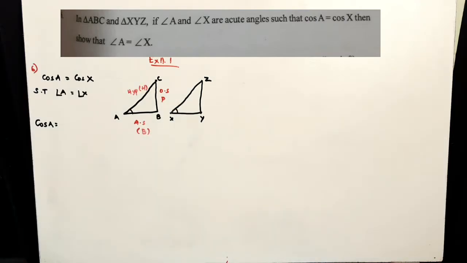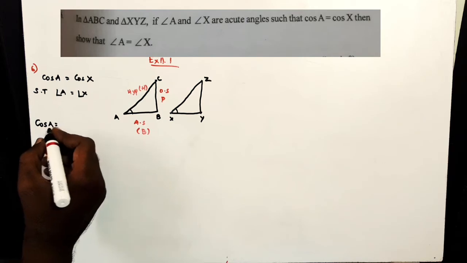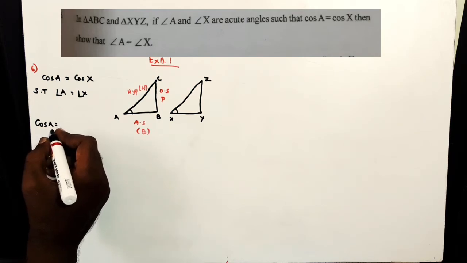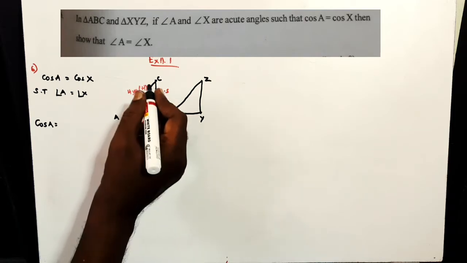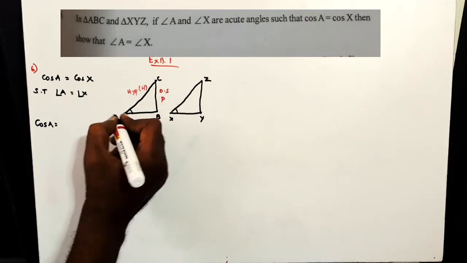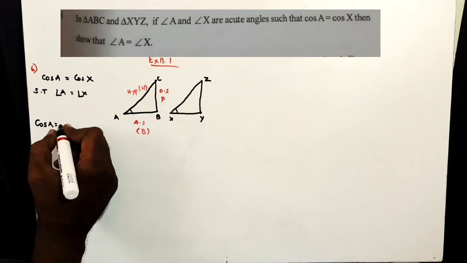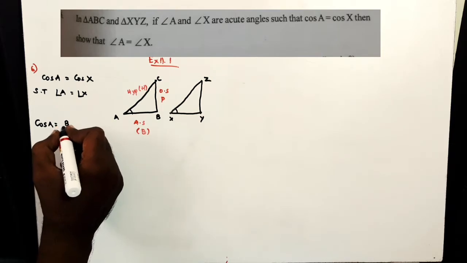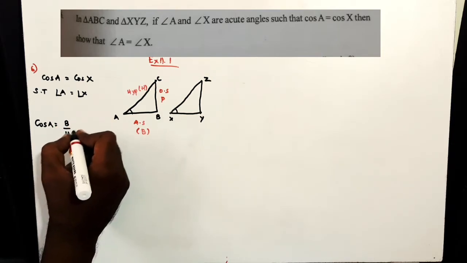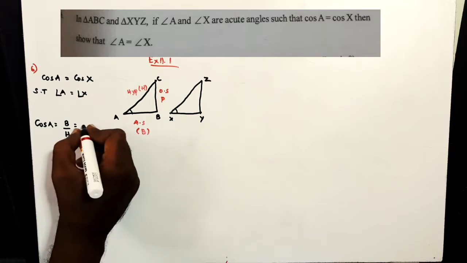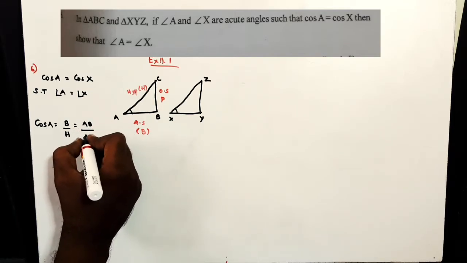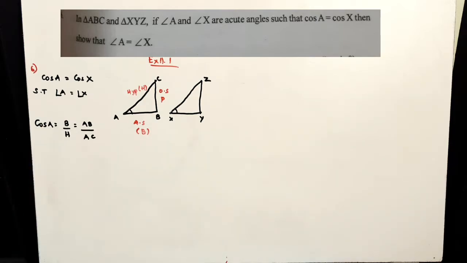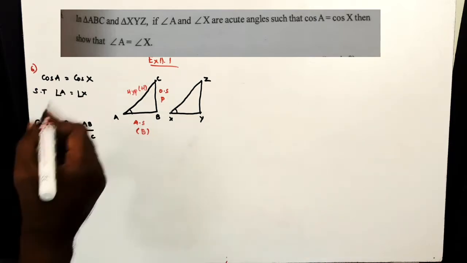Now here for cos, what are the sides of cos? Yes, very good. Adjacent side by hypotenuse. What is the adjacent side here? B by H. So B means AB by AC. Okay. Now similar to cos X.